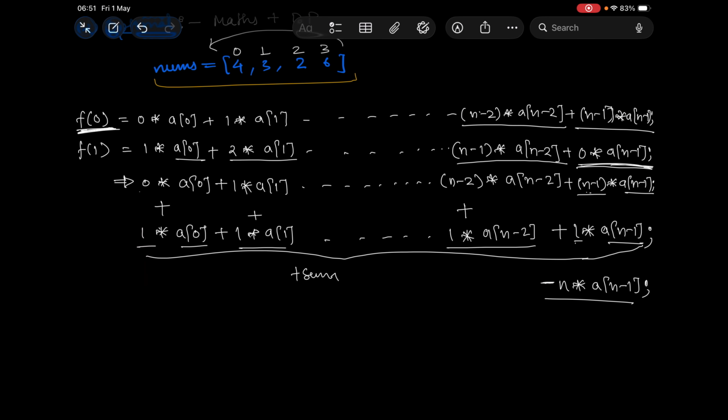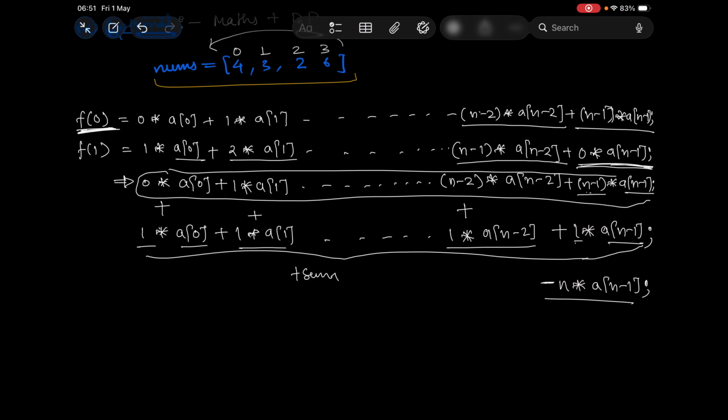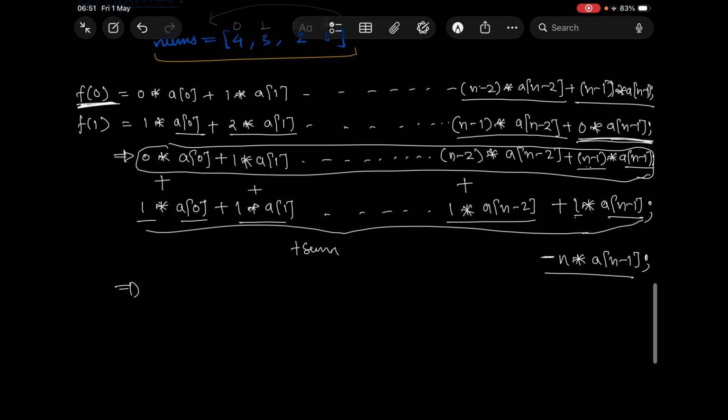Now we have changed the existing f of 1 into something in terms of what we already knew. So it is f of 0 plus the total sum, minus n into array of n minus 1. Okay, so this is how the f of 1 would look.